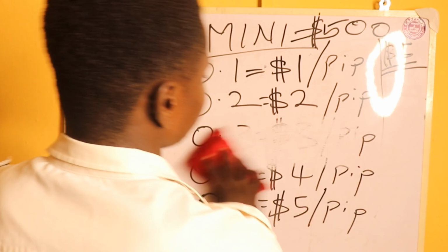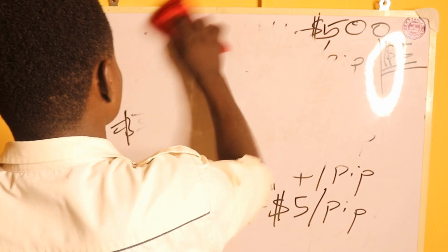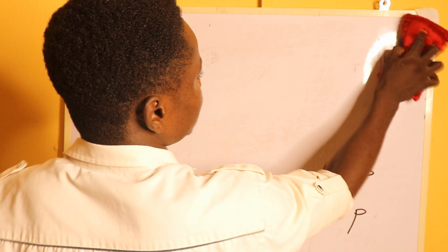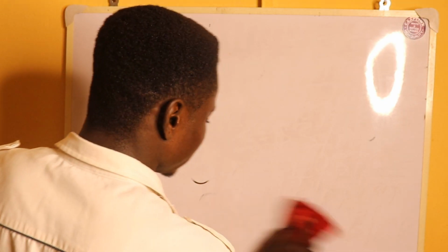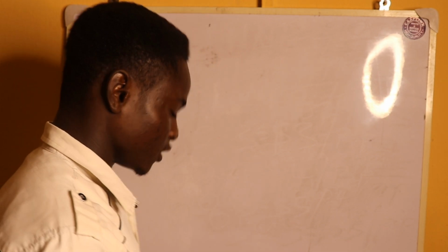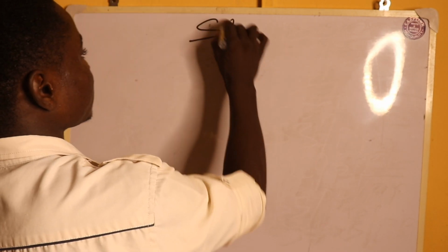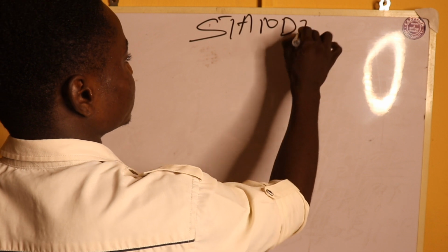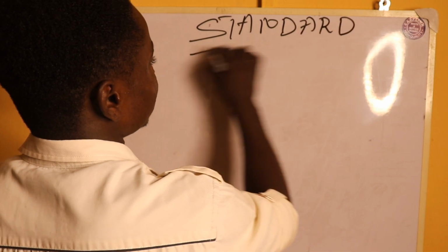And the third lot size that we have is what we call a standard lot. So what do I mean by standard lot? Let me try to explain it to you. Standard, right?